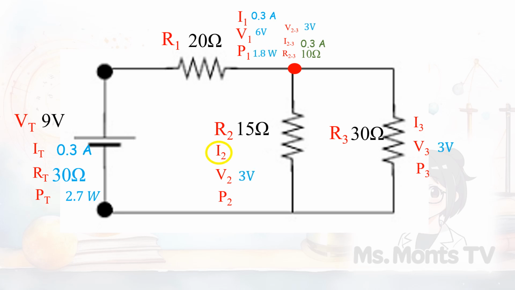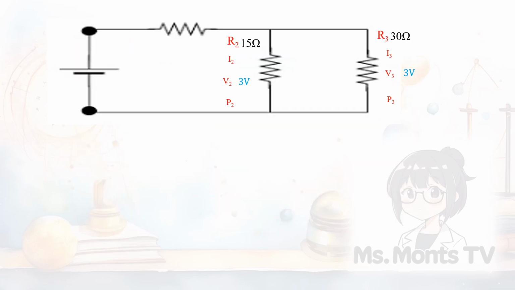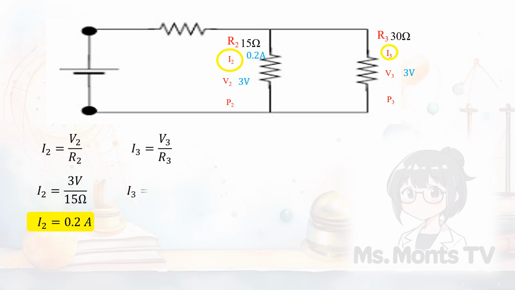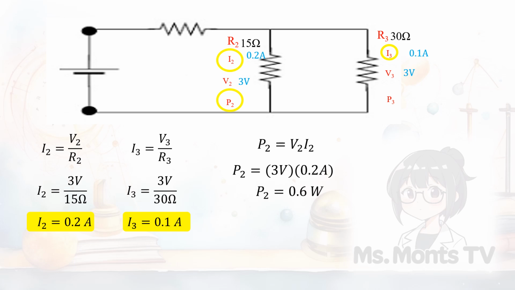Then let's find I2, I3, and P2 and P3. So for I2, V over R. So since we already have V and R, V2 over R2, 3 volts divided by 15 ohms, that is 0.2 ampere. For I3, V over R, 3 volts divided by 30 ohms, that is 0.1 ampere. And for P2, we already have V and I, it is 3 volts times 0.2 ampere, so 0.6 watts.